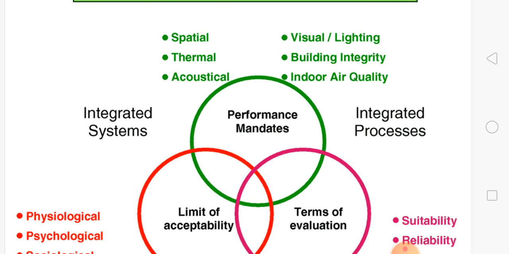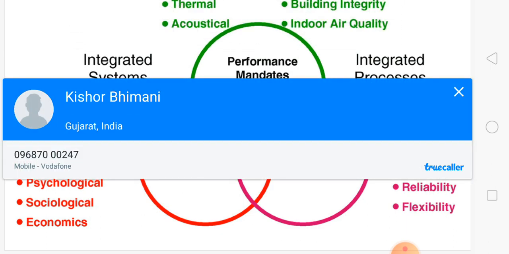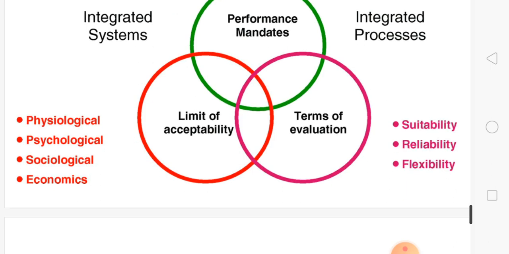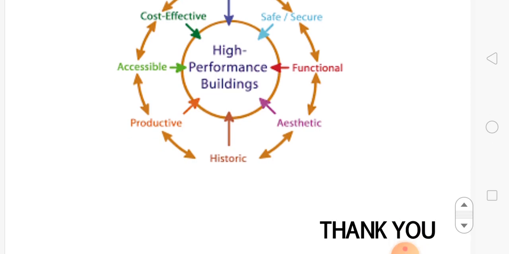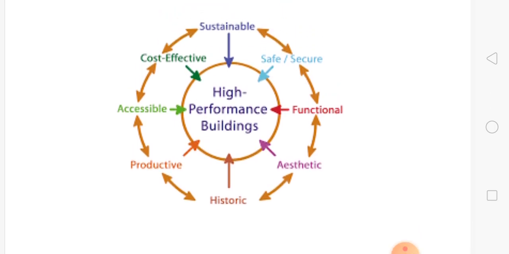These we can take as mandatory for performance aspects. Then physiological, psychological, sociological, economics, under these terms, and then terms of evaluation: suitability, reliability, flexibility, and we can sum up like a high performance building by this diagram. Thank you.